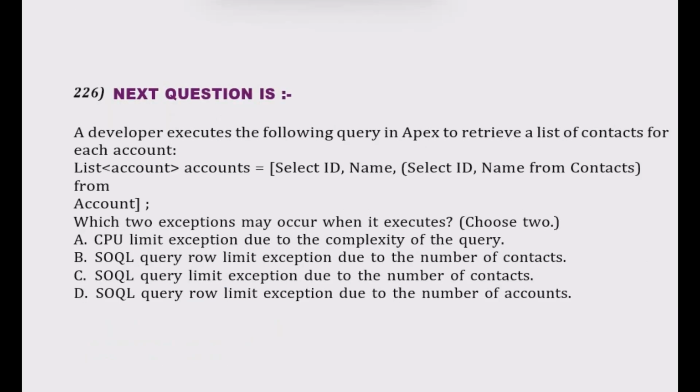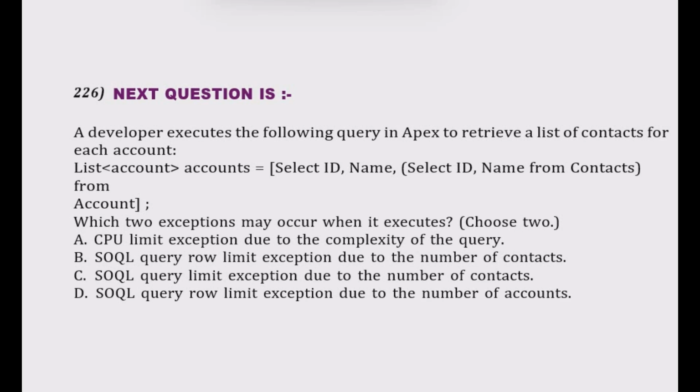Question is, a developer executes the following query in Apex to retrieve a list of contacts for each account. List<Account> accounts = [SELECT Id, Name, (SELECT Id, Name FROM Contacts) FROM Account]. Which two exceptions may occur when it executes?